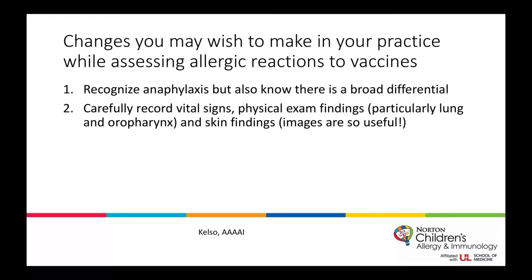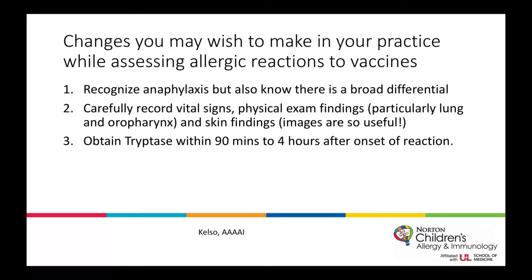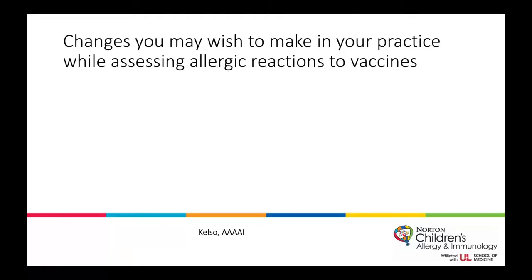If you are thinking about referring to your friendly neighborhood allergist, images are so useful for us. Obtain tryptase within 90 minutes. The earlier, the better, but you can even wait up to 4 hours after the onset of the reaction. And this is also very helpful in evaluating for anaphylaxis.